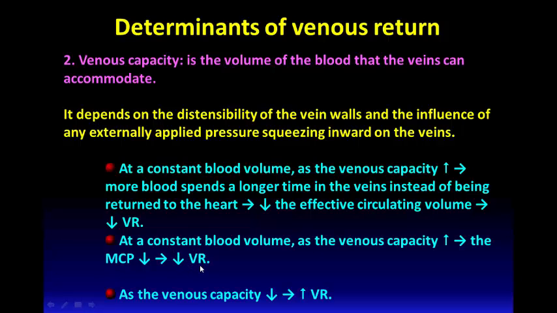The opposite is true when the venous capacity decreases at a constant blood volume. A decrease in the venous capacity at a constant blood volume would result in an increase in the venous return.